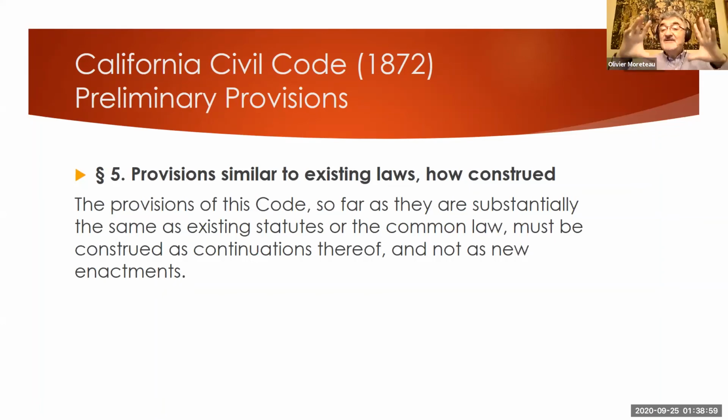This is a big limitation to this liberal spirit that is breathing in paragraph 4. And don't forget that the common law may be predominant in the state. If you can trace the rule to pre-existing statutes or to common law precedent, this is just a continuation of the common law.